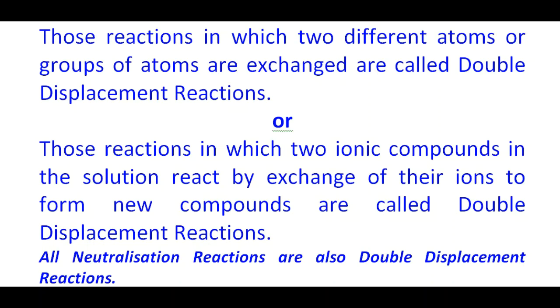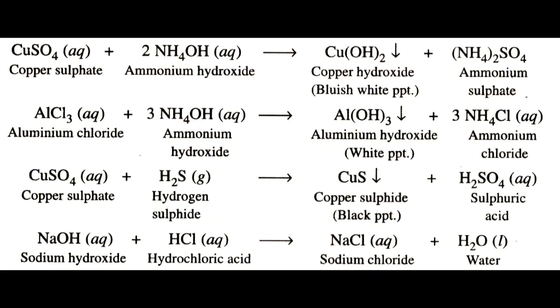Now let's look at some more double displacement reactions. In the first one you see copper sulfate aqueous solution. It reacts with ammonium hydroxide aqueous solution to form copper hydroxide, which comes down as a bluish white precipitate in ammonium sulfate solution.